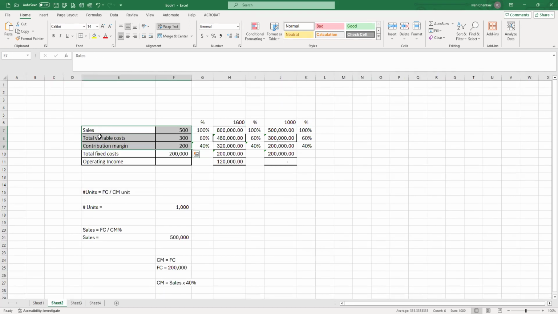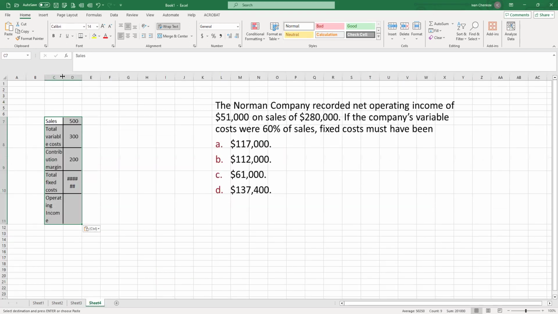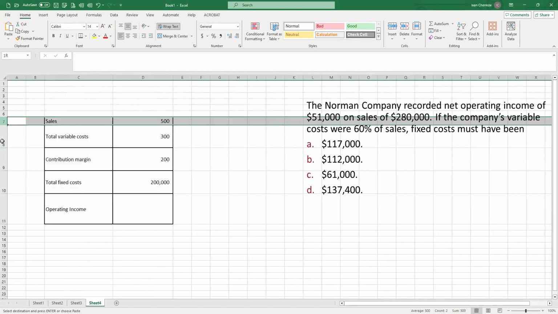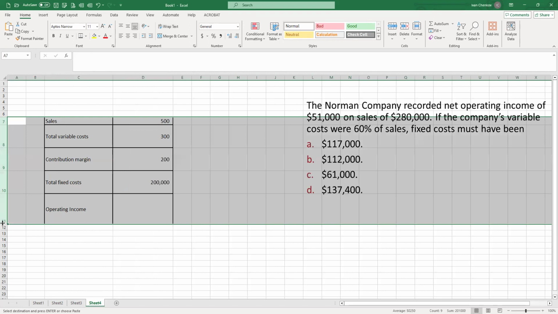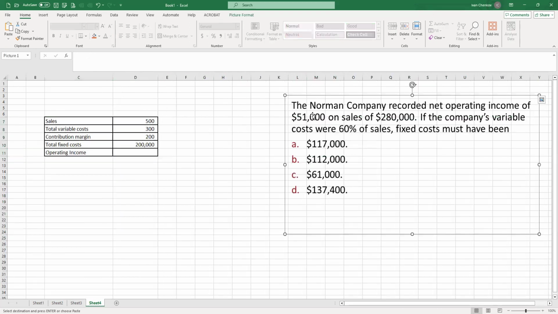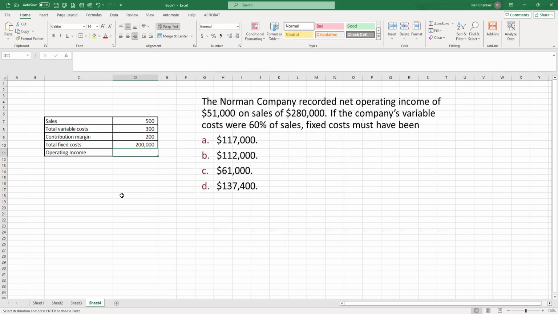Let's get some formulas from here and start working with this format. So what do I know and what don't I know? I know my income, right? How much is my income? 51,000. Correct? Yes.